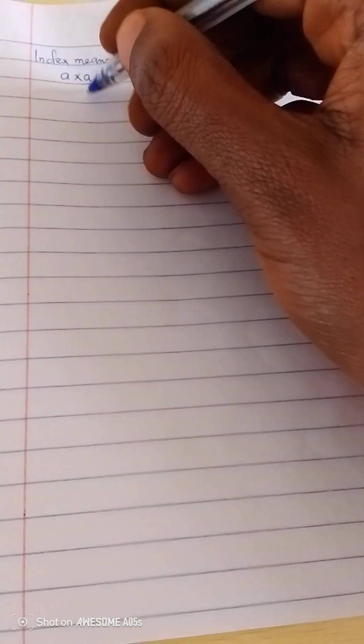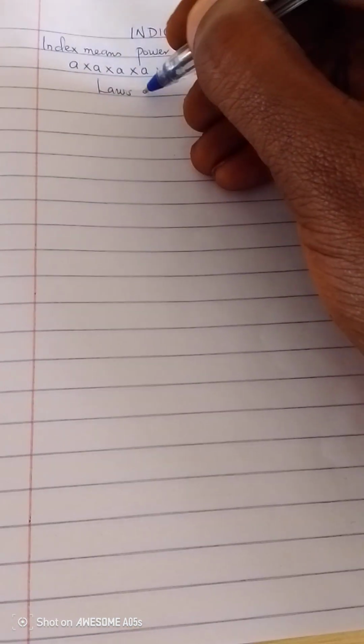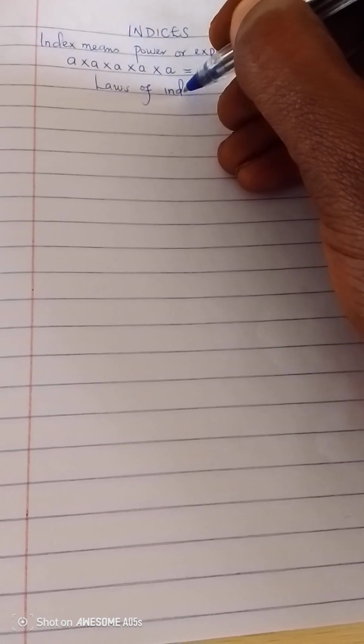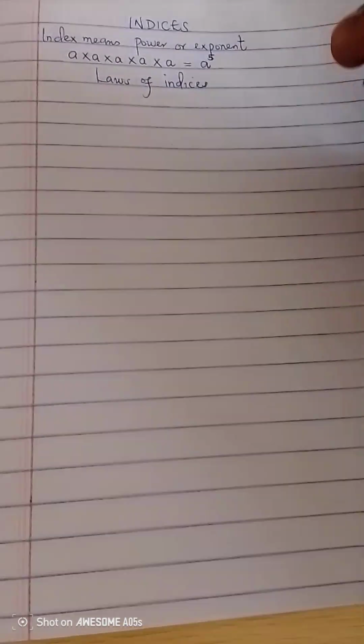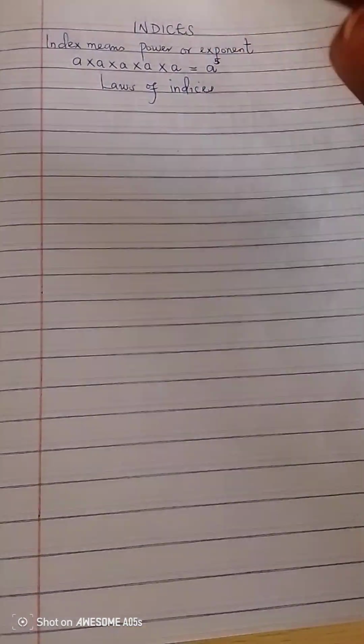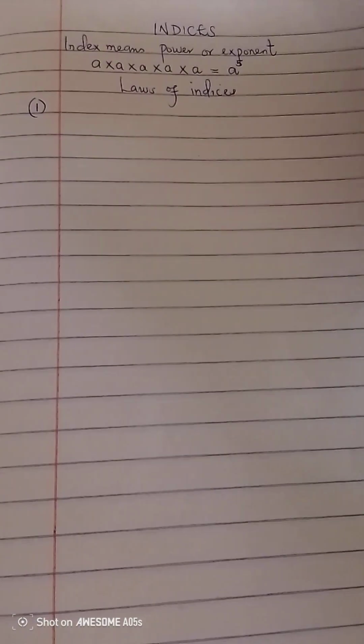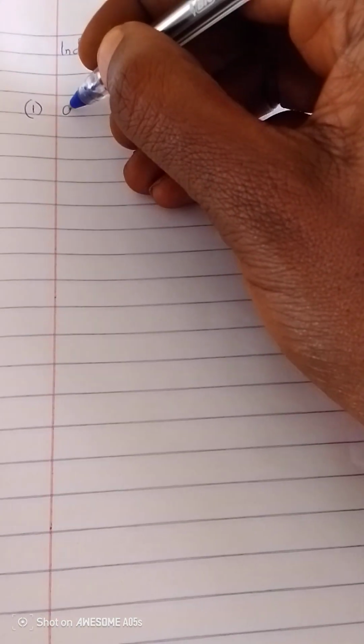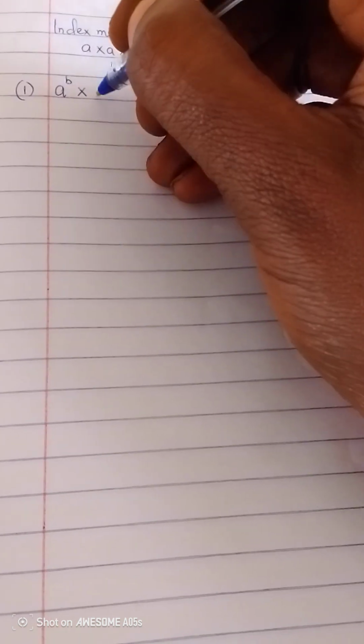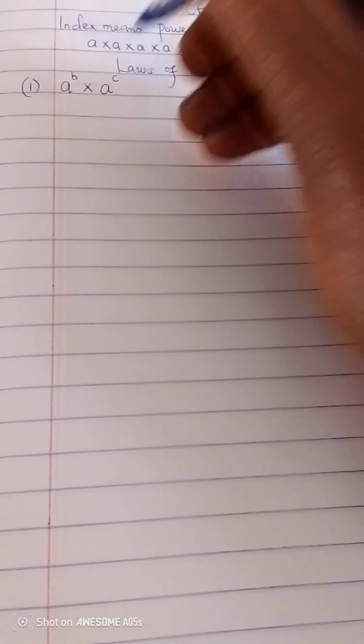Now there are several laws of indices. We'll take them one after the other, and I'll be giving some examples so that we can understand them. The first law is a raised to power b times a raised to power c.